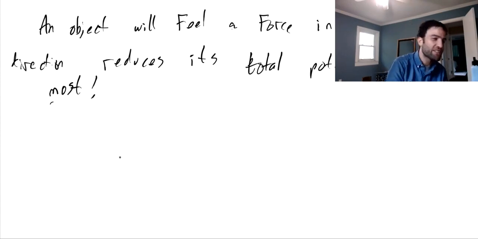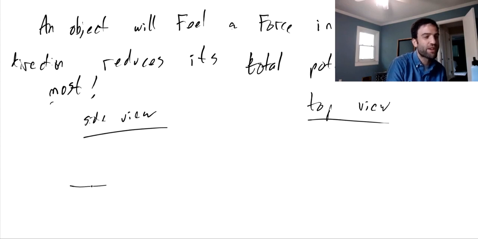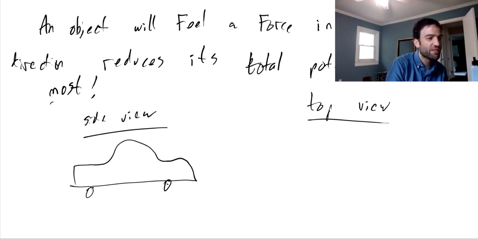But the idea is, suppose I think about a side view and top view of the same thing. So I'm going to think about my canonical car. There's a wheel and another wheel in perspective or something. There's four wheels, and let's say this car is just sitting still on the ground.